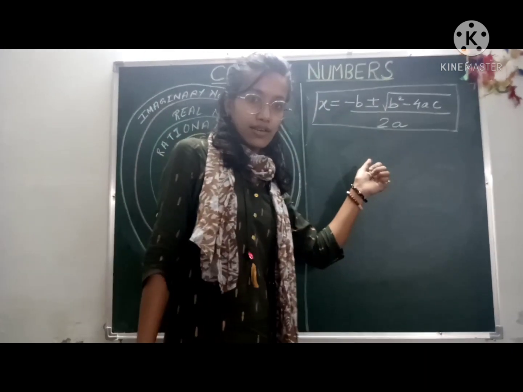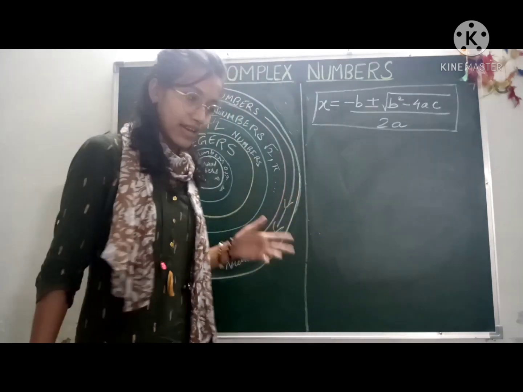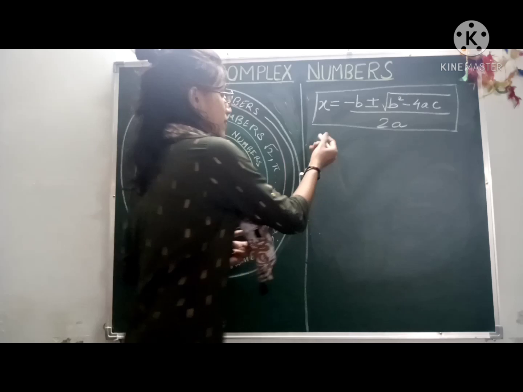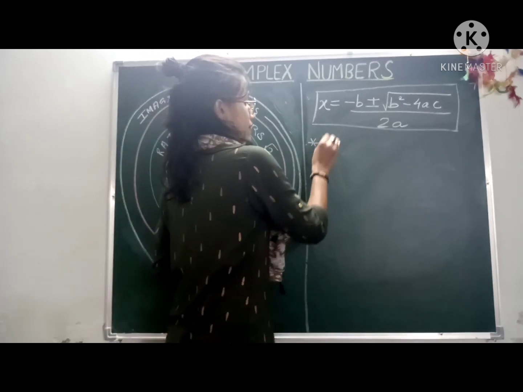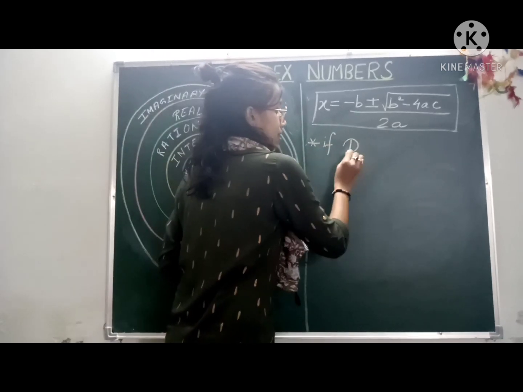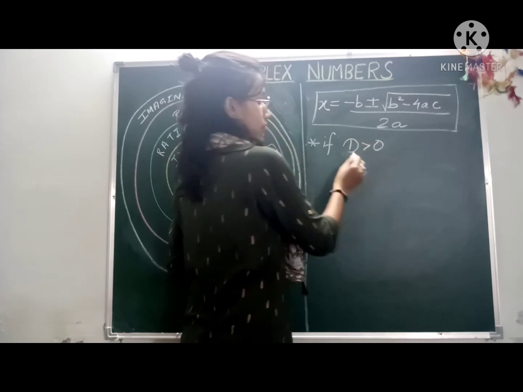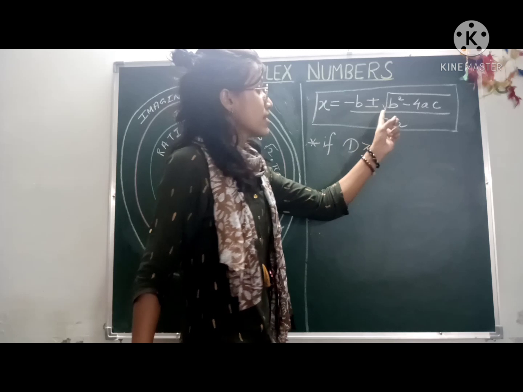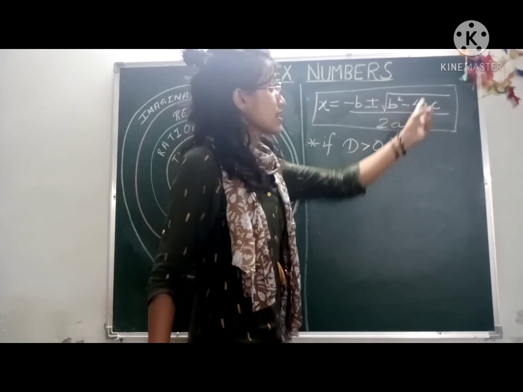Now if we solve the question using this formula, we will get answers in 3 different forms. The first form is if d is greater than 0. What is this d? This d means the discriminant, the value we get by solving this part.